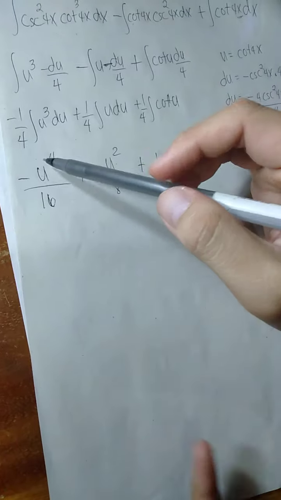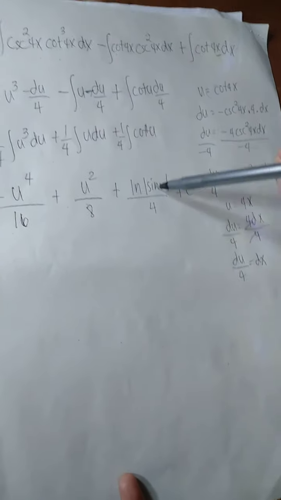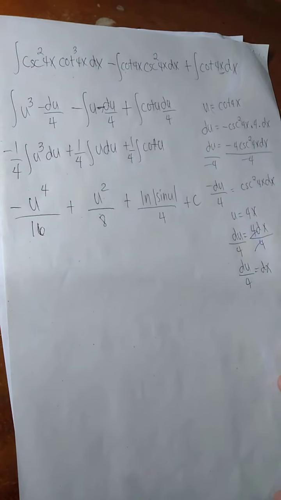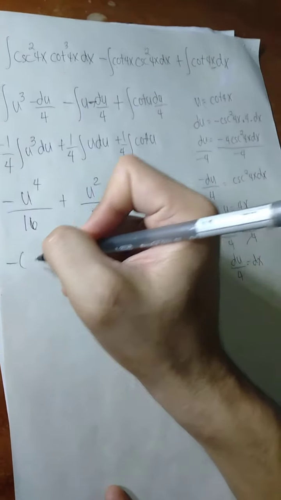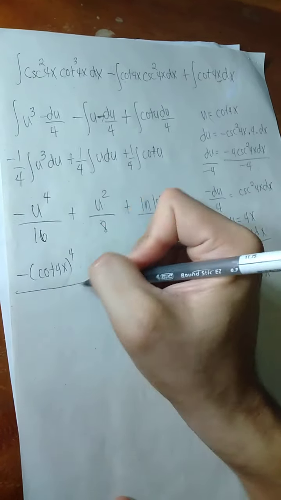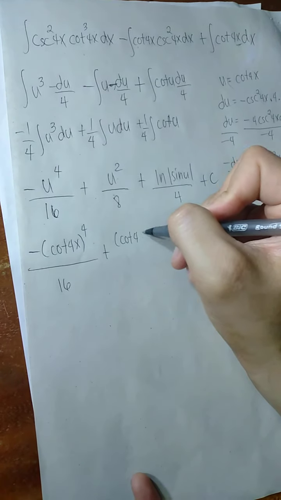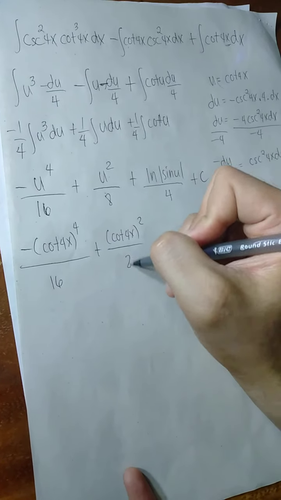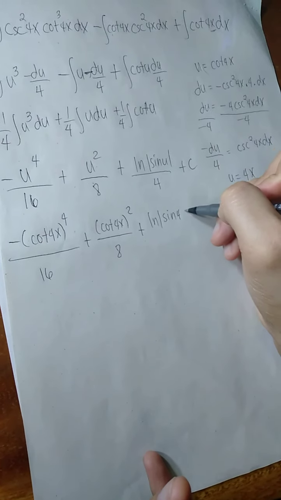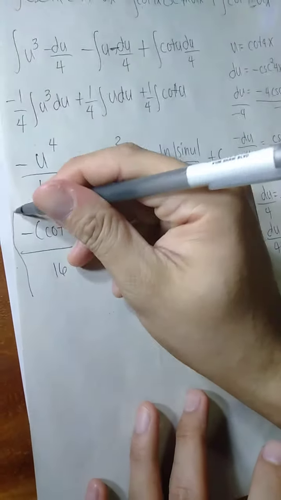Then we replace ngayon yung u dito ng cotangent 4x, so babalik natin yon, and yung u dito ng 4x. So our final answer will be negative cotangent 4x raised to the fourth power over 16 plus cotangent 4x raised to second power over 8 plus ln of sine 4x over 4 plus c. And this will be our final answer.